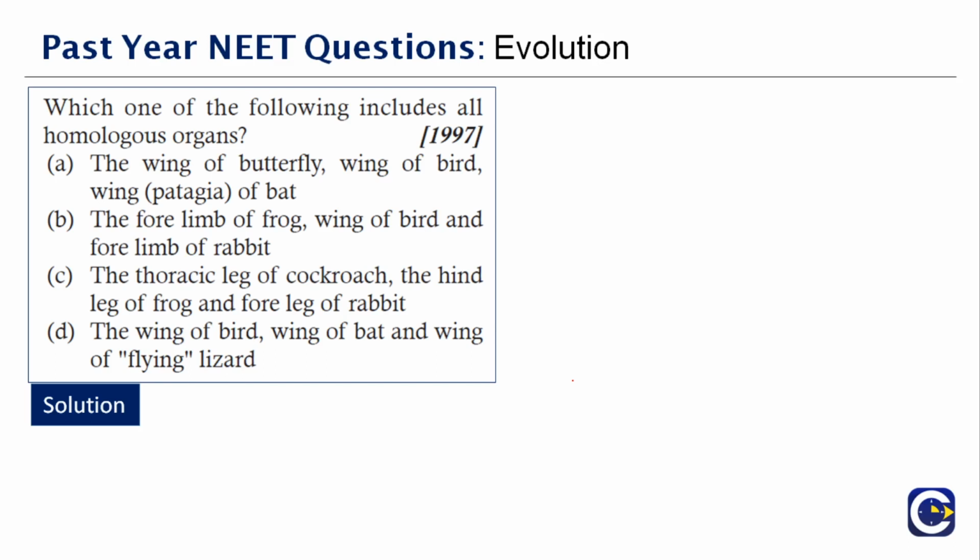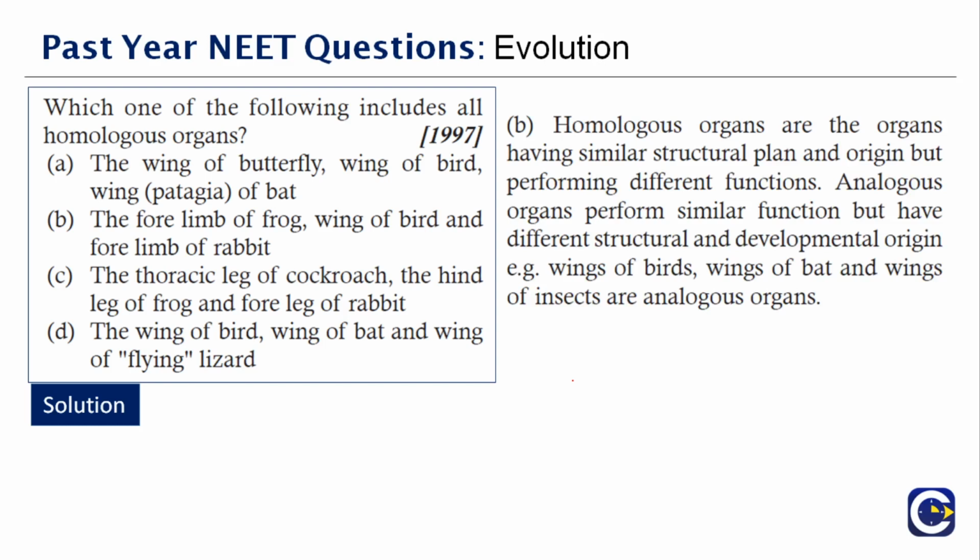The right answer is option B. Homologous organs are organs having similar plan, structure, and origin but performing different functions, while analogous organs perform similar functions but have different structures. So the wings of birds, bats, and insects are analogous organs.